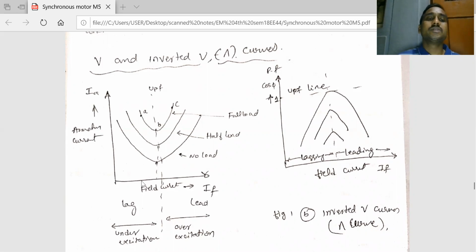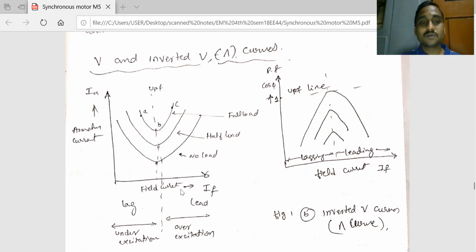So, how to draw this V curve? Suppose initially you start the synchronous motor by external starting methods. After that, you need to provide the field current. Once you provide the field current to the poles of the synchronous motor, that is called excitation.